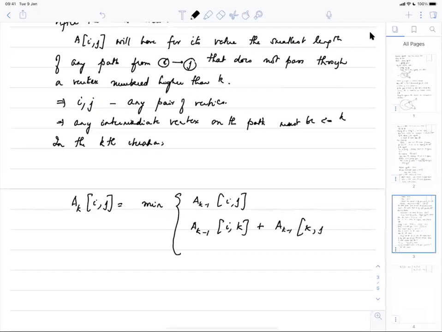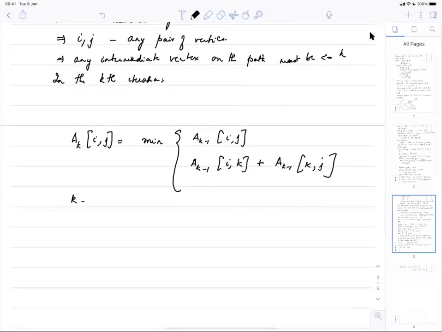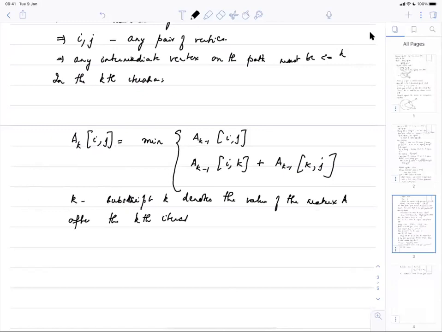This is primarily the idea. The subscript k denotes the value of the matrix A after the kth iteration. This is the most important point.